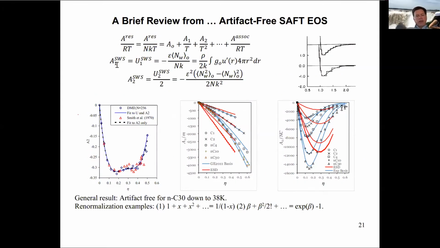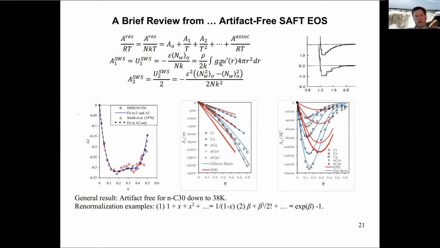So let's start with this brief review of where we left off. We had talked about second order perturbation theory with the association term from Wertheim. And we said, okay, the A1 term is really simple. It's really just averaging the little u using the radial distribution function from the reference fluid.